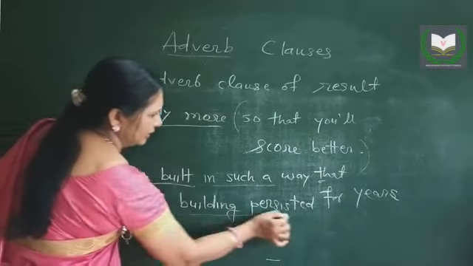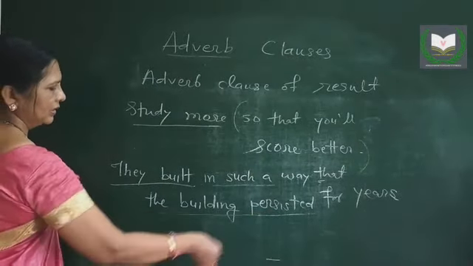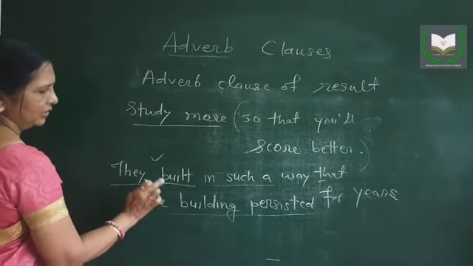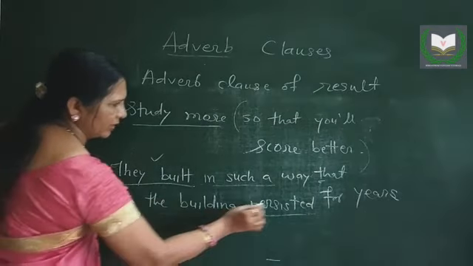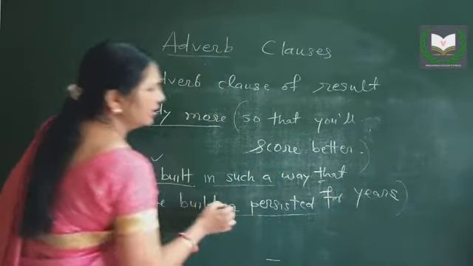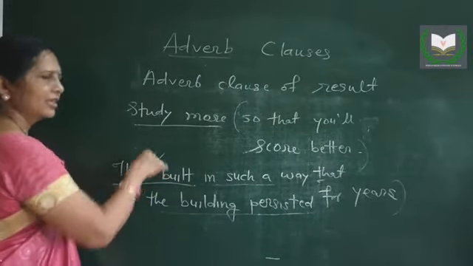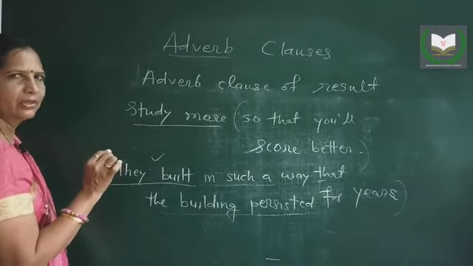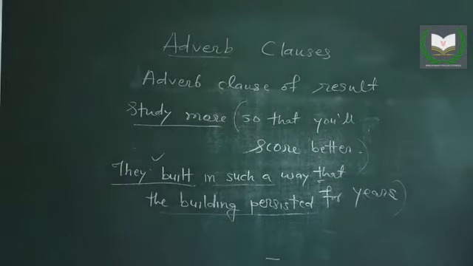This is the result. ती बिल्डिंग अनेक वर्ष जशाला तशी राहिली. The work of building was like that. So this is the work. आणि हा रिझल्ट दाखवतोय. क्लॉज हा काय दाखवतोय? रिझल्ट दाखवतोय याचा. पहिल्या क्लॉज मधल्या ऍक्शनचा रिझल्ट आहे. And that's why it is called adverb clause of result. So here we almost finished with adverb clauses.